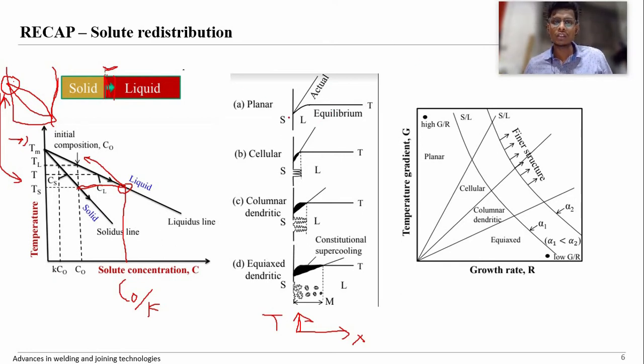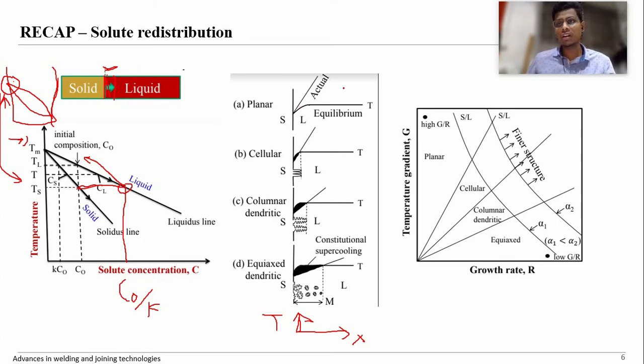In welding or casting, it will be changed, and that is given by this actual line. The actual line and the equilibrium line decide what kind of solidification mode will be achieved. If the actual line is not intersecting the equilibrium line, then planar solidification will happen.